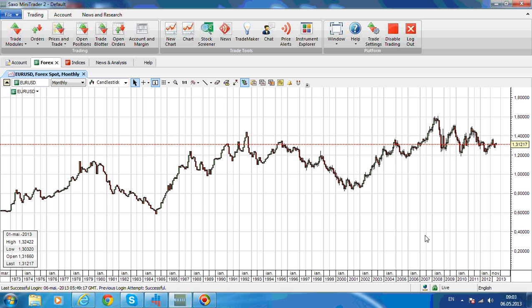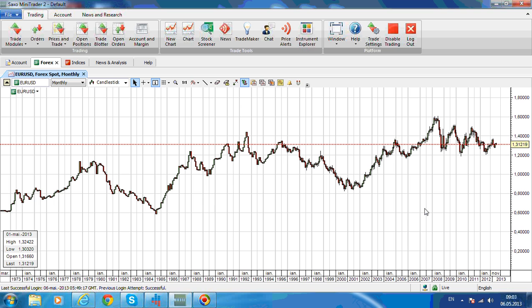What you're having in front of you is a euro-dollar monthly chart. The platform is the Saxo Trader, and this is one of the most complex platforms in the world. The reason I want to use this platform for our example is the fact that the euro-dollar monthly chart goes from the inception of the currency.